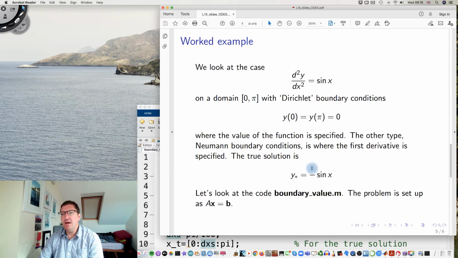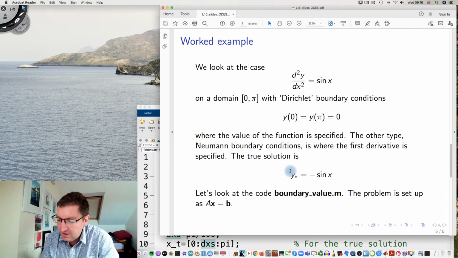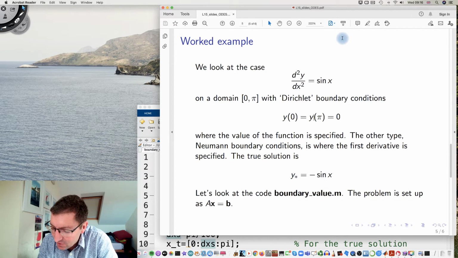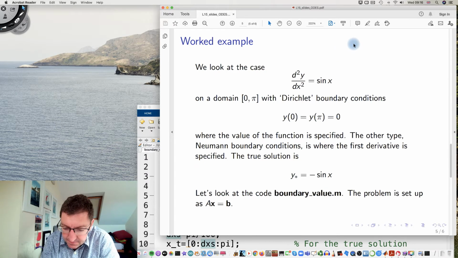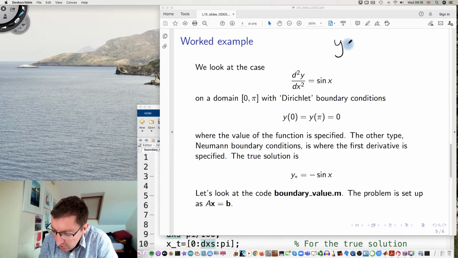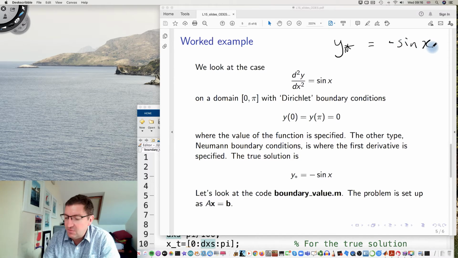So the good thing about this case is that we can easily come to the true solution. So the true solution is y star equals minus sine x. I'm just going to scroll on the sheet so we can check that.